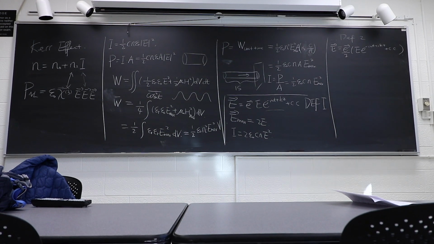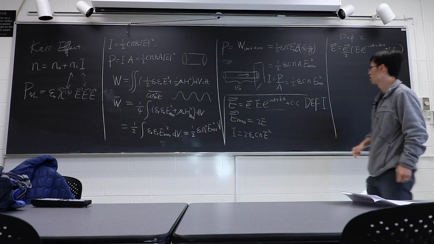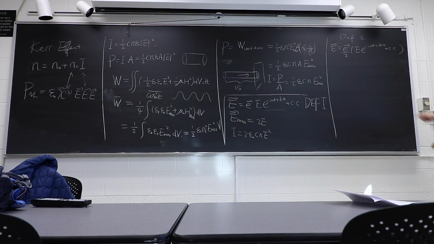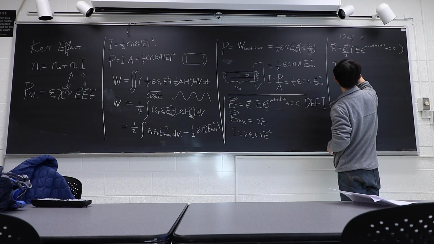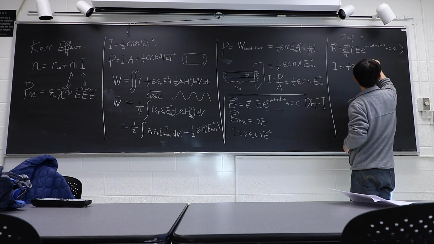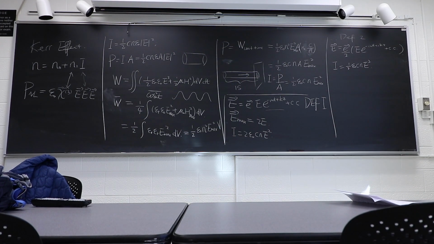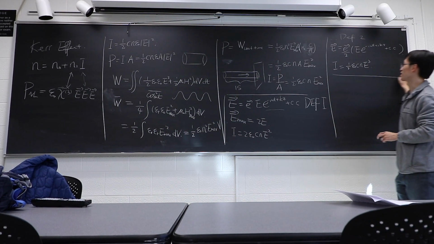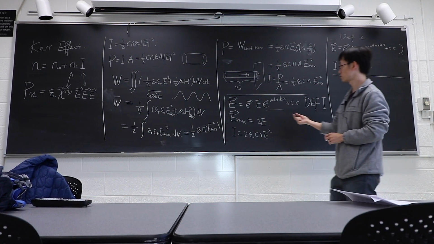If you define it in this way, you have the 1/2 here, then you can start to use this equation. And then the I is this. So which one should we use in your own calculation? It really depends on your personal taste, and I personally prefer this one.